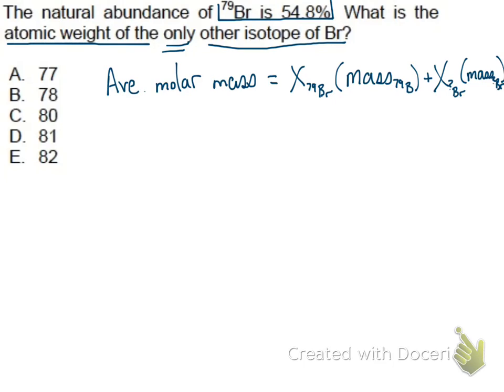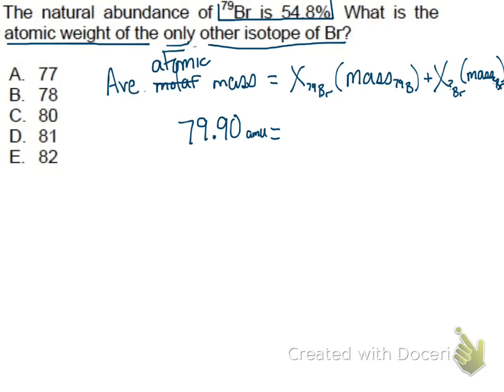So let's write down what we know. We know the average molar mass, or the average atomic mass in this case, is going to be 79.9 AMUs, atomic mass units.